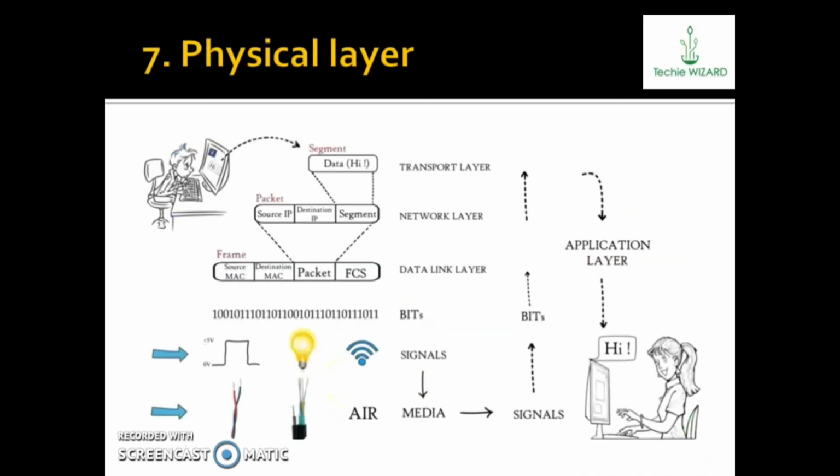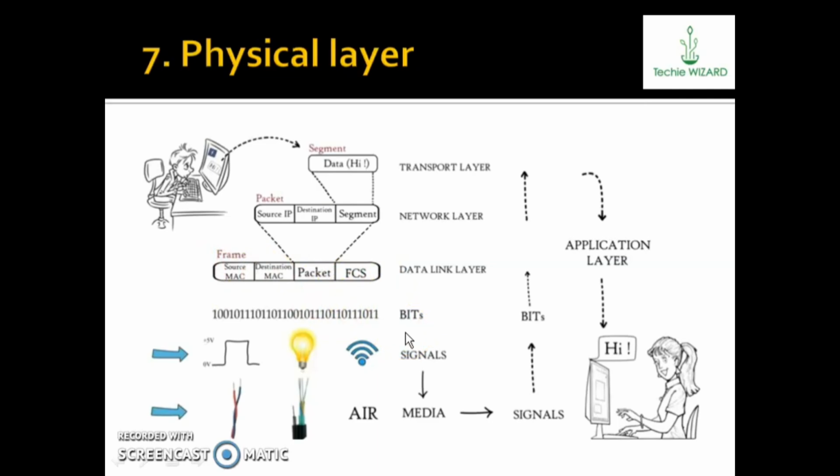And the next, last but not the least, the physical layer, which is the seventh layer. As we can see here, in the transport layer the data is in the form of segments, and the network layer converts the data into packets. In the data link layer, the packets are converted into frames, and these frames are nothing but bits.